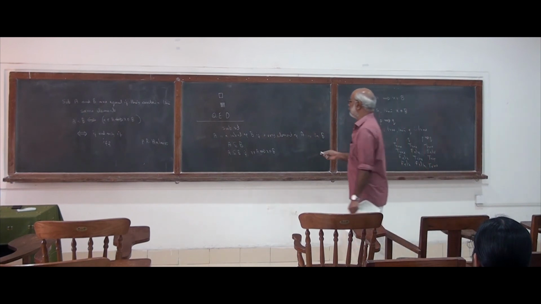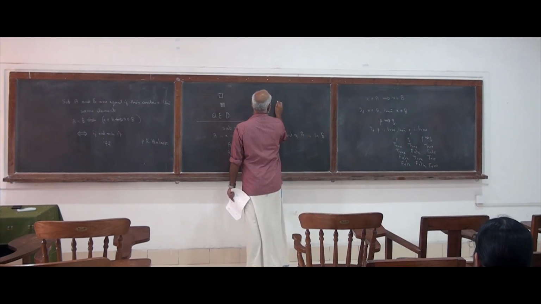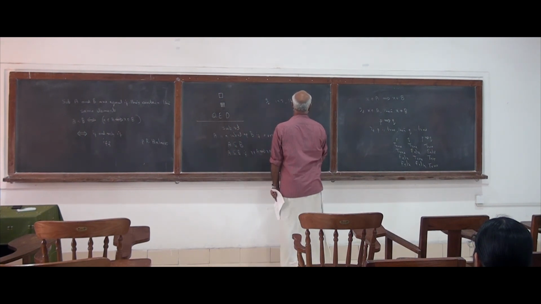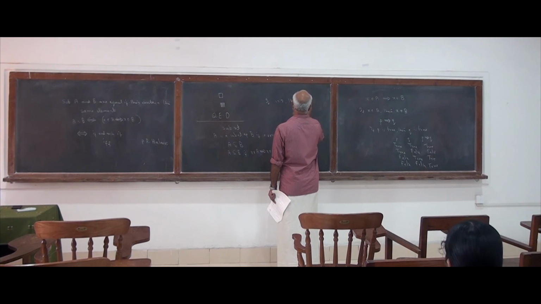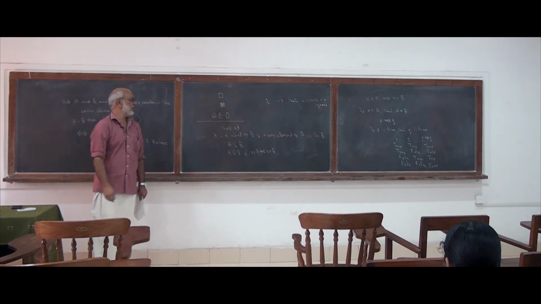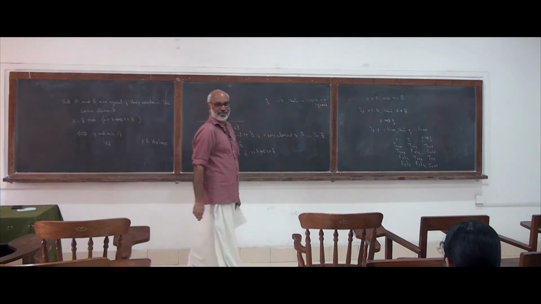For example, I can write: if 1 is equal to 2, then a circle is a square.